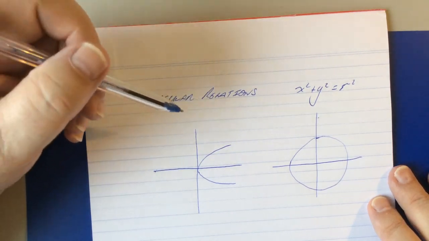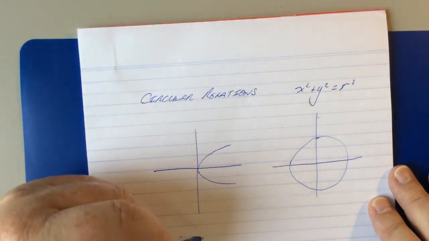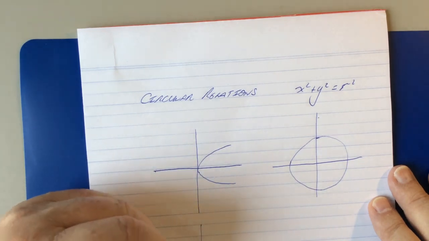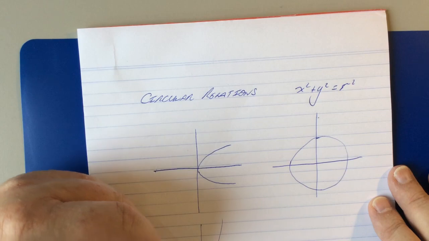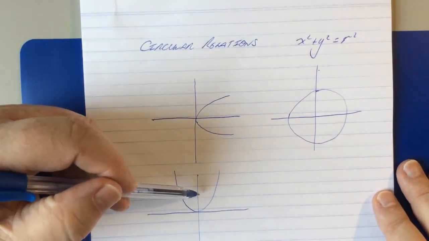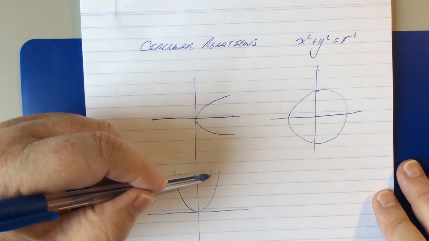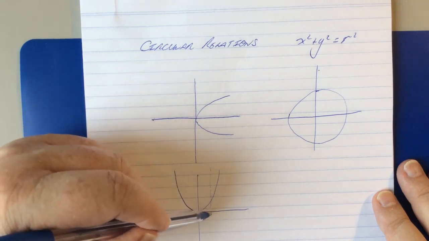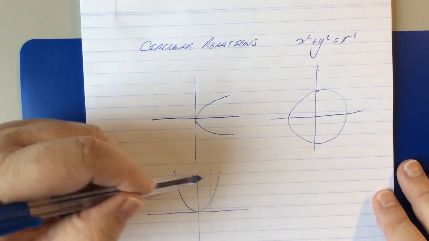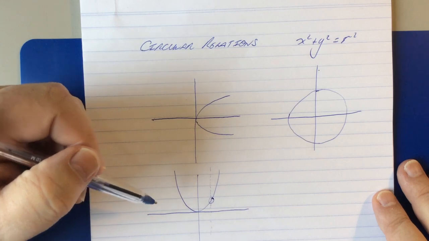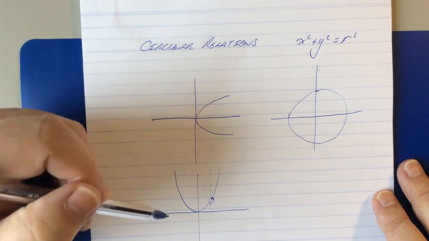Now, why these are relations and not functions is because if we draw, especially if we draw this one here in particular, if you run a line parallel to the y-axis down through the graph of this, you only hit one point.